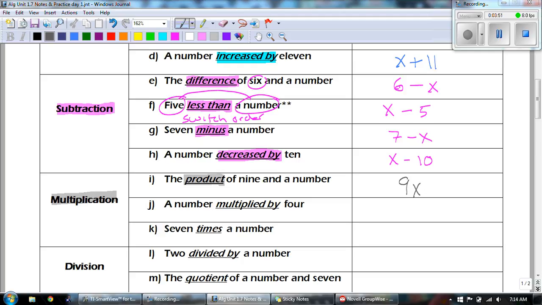Even if the number is mentioned first, we put the number, because that's the coefficient, out front. 7 times a number, we're just going to write 7x.